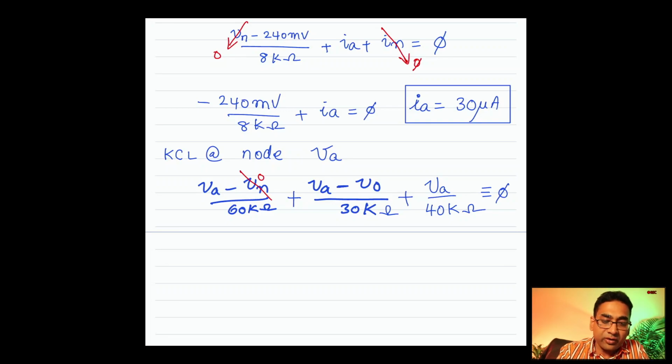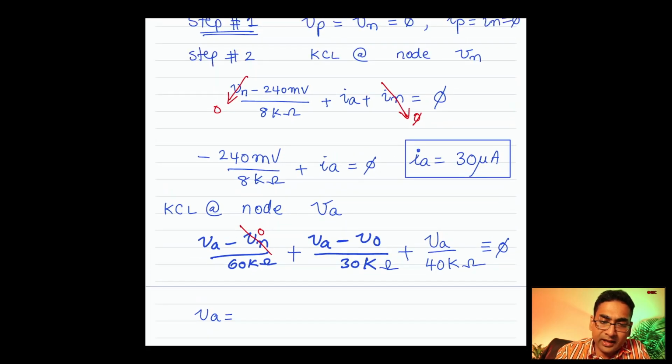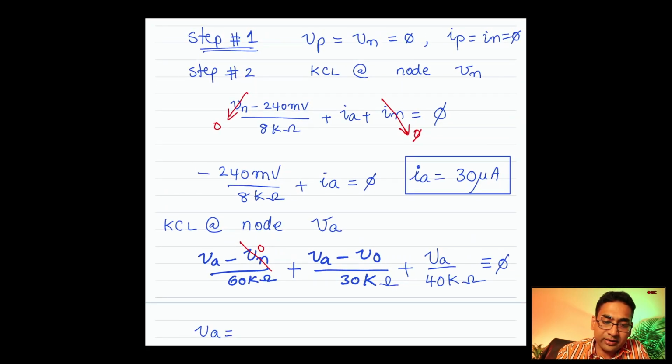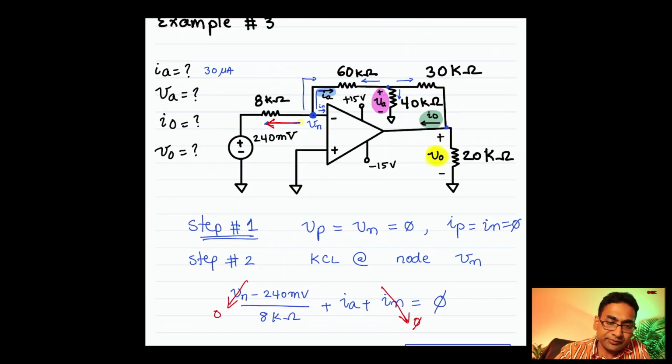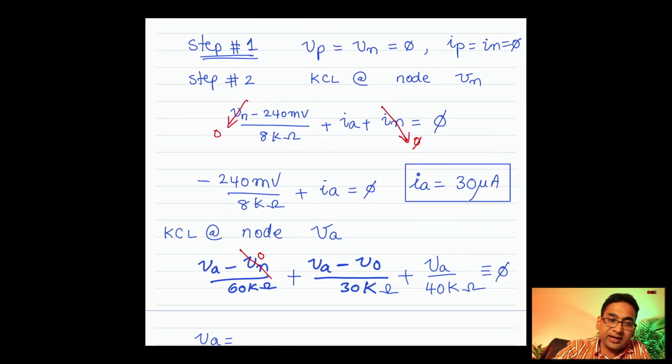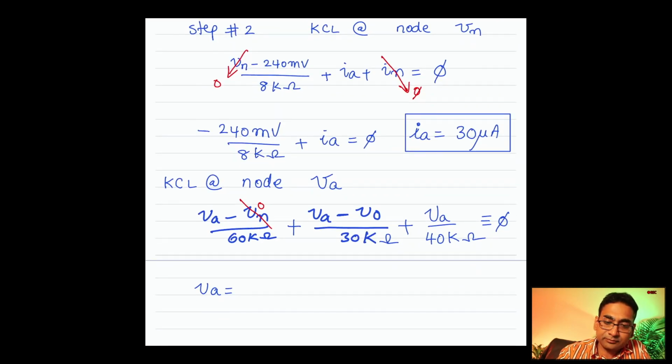We know the value of VA? VA is what we just calculated, did we or did we not calculate VA? We can calculate VA. You know what? We'll come back to this.